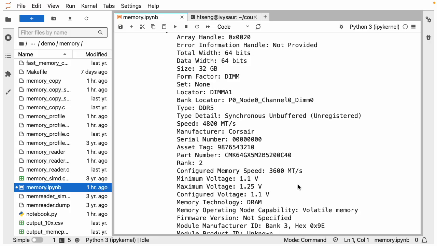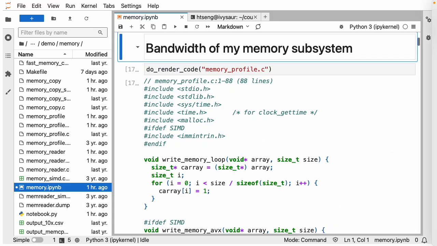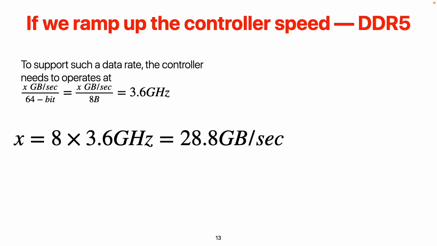The reason is that each processor has its maximum capacity. For this particular processor, because I installed 4 modules, each module is only running at this speed. But because you have dual channels, each channel is going to be able to deliver 28.8 gigabytes per second.